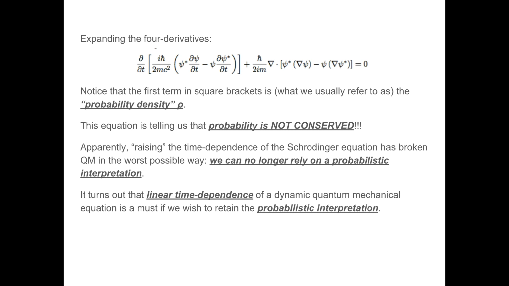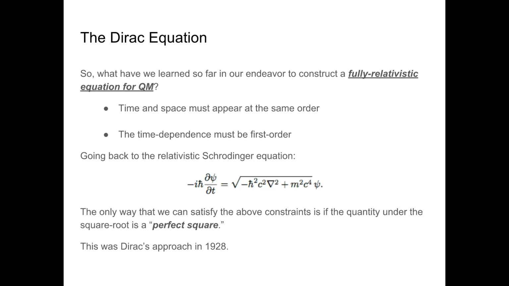Okay. All right. So that's where Dirac came in. That was the situation until Dirac started looking at this. What we've seen so far, and what Dirac realized, was that in order to write a fully relativistic equation, there are two basic things that you need.